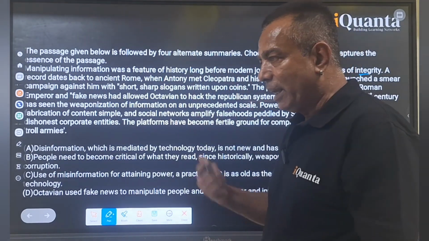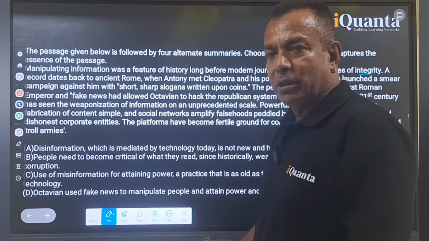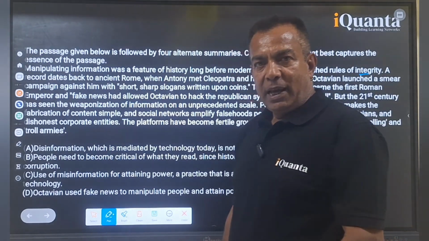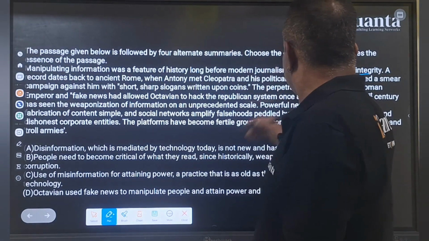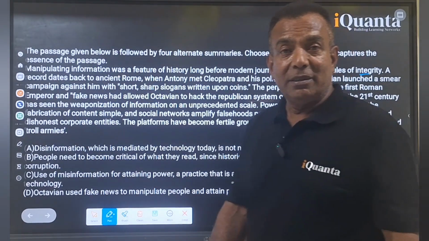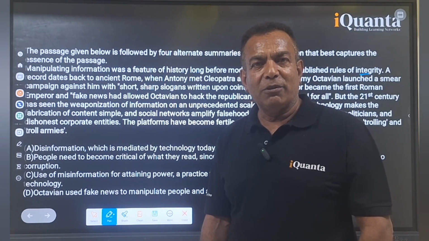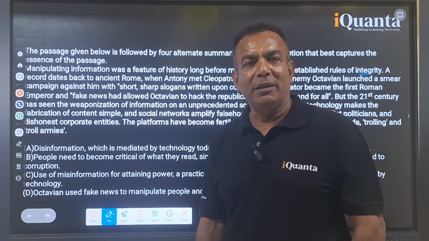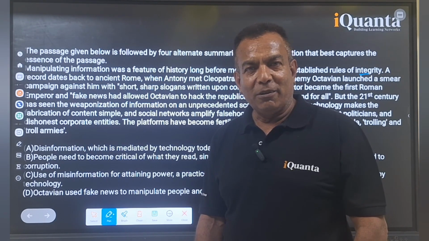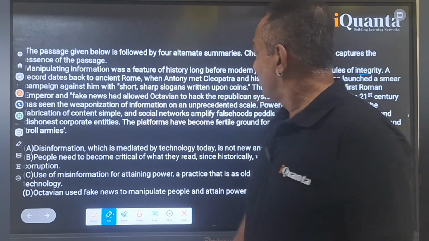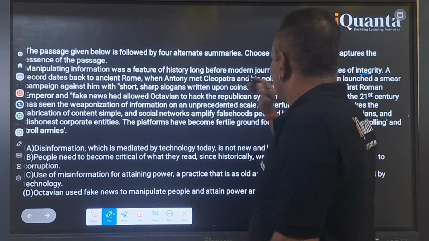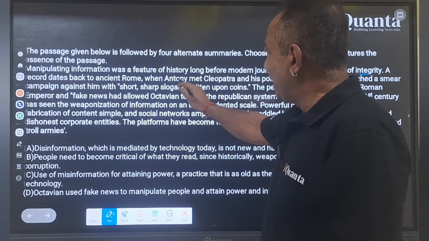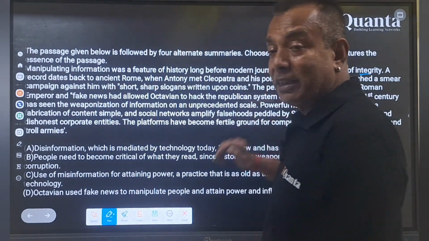Obviously, they had a relationship, and Cleopatra was the queen of Egypt. And their enemy, Octavian. Octavian was the first emperor of Roman Empire. He was later known as Augustus Caesar. So, actually, there was a rift between Mark Antony and Octavian.